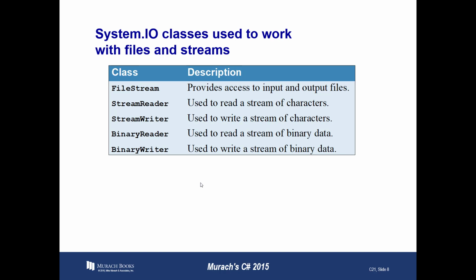Notice you've got a FileStream class, and it provides information for both input and output. Then you've got StreamReader and StreamWriter, which are used to handle streams of characters, and to my knowledge, StreamReader and StreamWriter are used for text files, whereas BinaryReader and BinaryWriter are used for binary types of files.